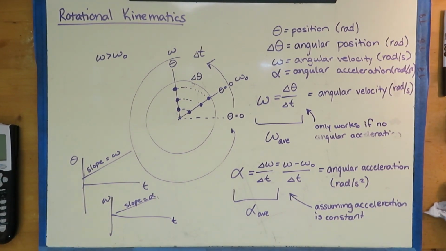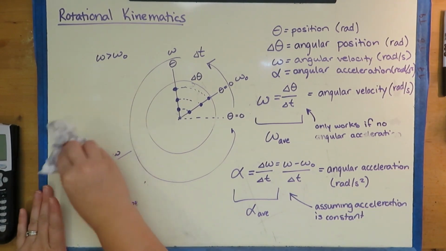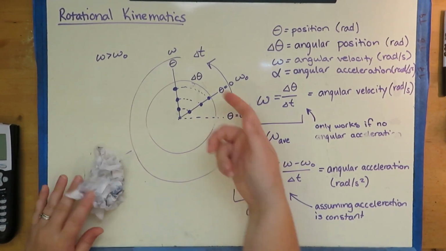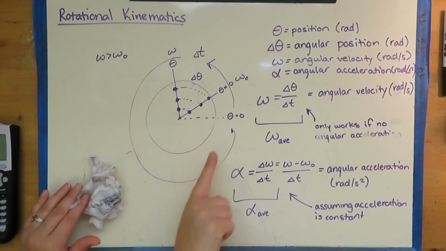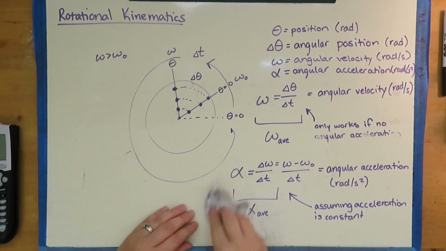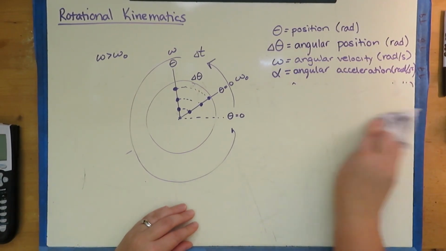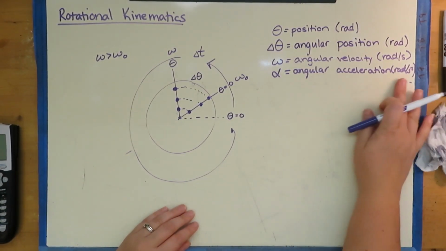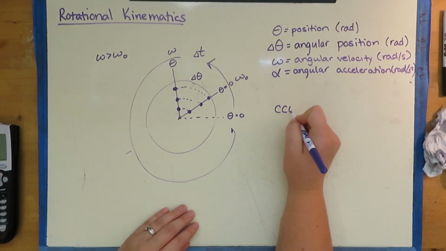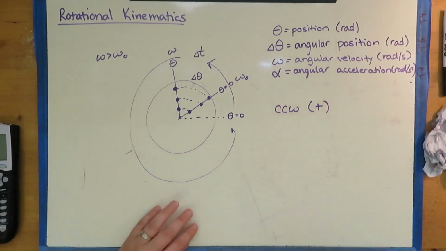Now, the one thing we haven't talked about is that these are vector quantities. So if they're vector quantities, how do we do vector directions? Because technically, my linear vector is constantly changing as I move around the circle. So what we generally assume, and this is consistent with pre-cal, is that the counterclockwise direction is the positive direction.